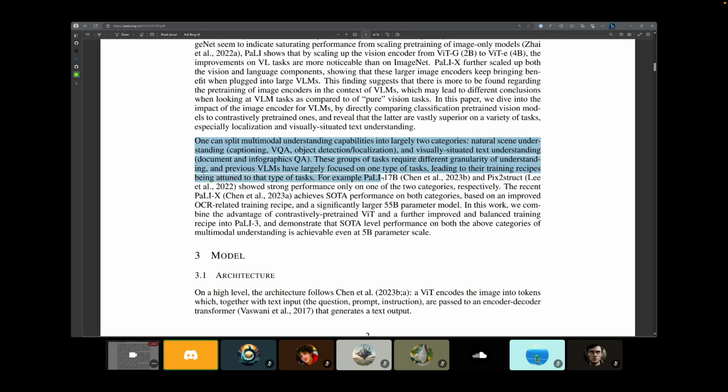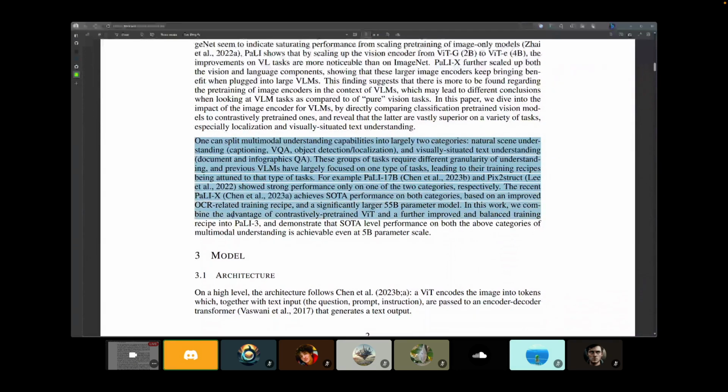For example, PaLI 17 billion and Pix2Struct showed strong performance only on one of the two categories, respectively. The recent PaLI-X achieved SOTA performance on both categories based on an improved OCR-related training recipe and a significantly larger 55 billion parameter model.